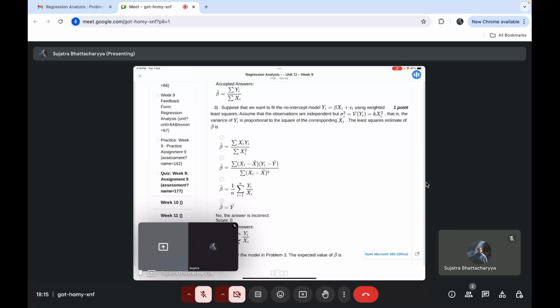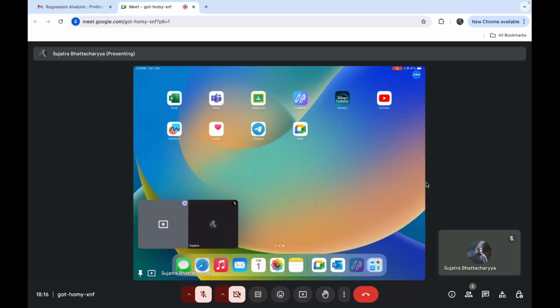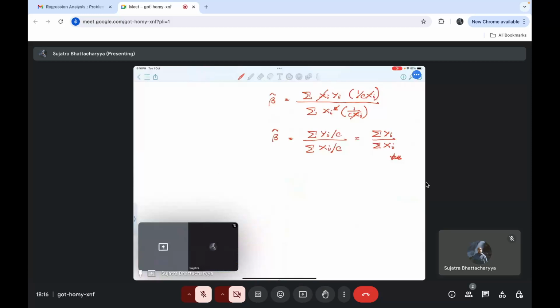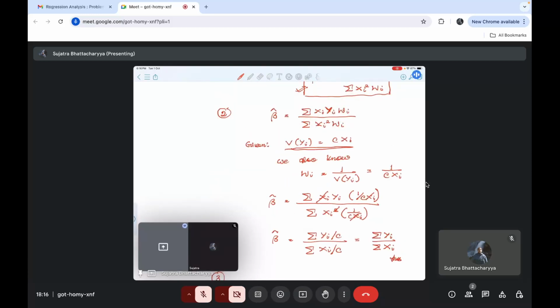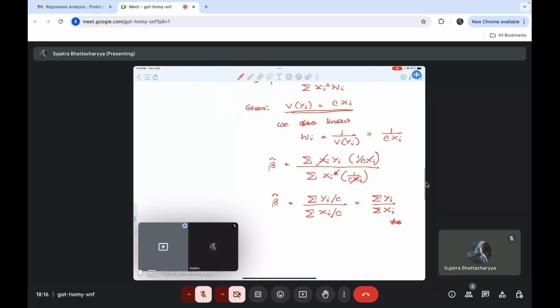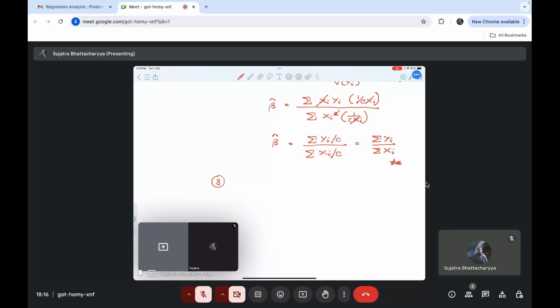Okay, so let's try this. This is the third one, right? We will be using the same thing, because ultimately for the weighted least square technique, if it's a no intercept model, then this will be used, because we have derived it from that condition. So it is already given that it has to be a weighted least square.